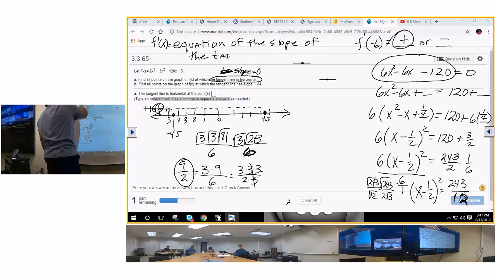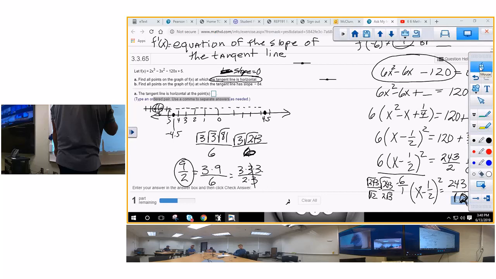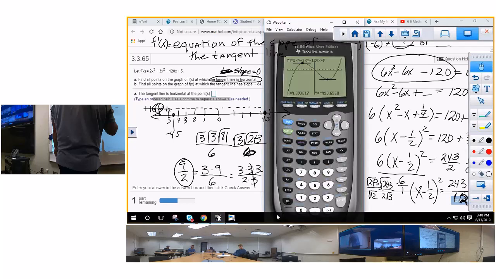So if I want to find the vertex, I just set the first derivative equal to what? 0, because the slope at the vertex is always going to be 0.